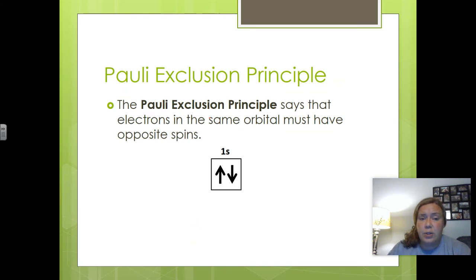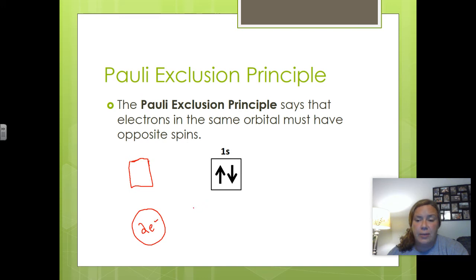Now, the Pauli exclusion principle tells us that electrons in the same orbital have opposite spins. So here we have our 1s orbital, and basically we draw it with one box, because if you remember, an s orbital is a spherical shape, and there's 2 electrons hanging around in that spherical shape.